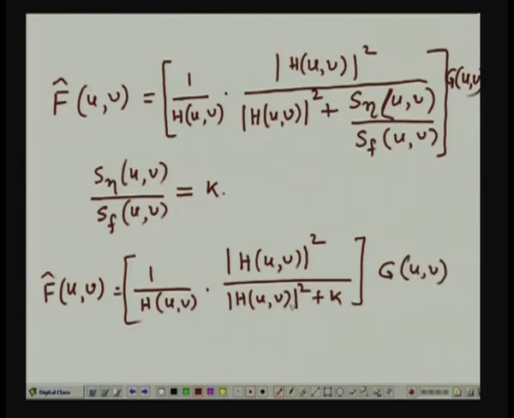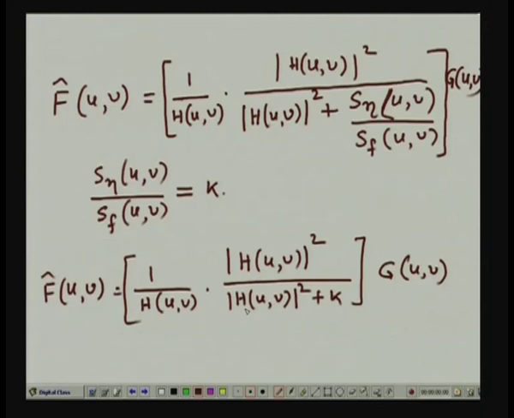Here the term k is a constant which has to be adjusted manually for the optimum reconstruction, or for the reconstructed image which appears to be visually best. So, using this expression, let us see what kind of reconstructed image we get.